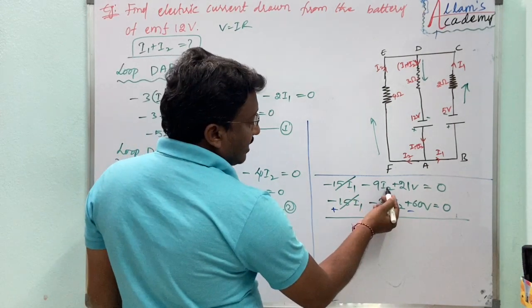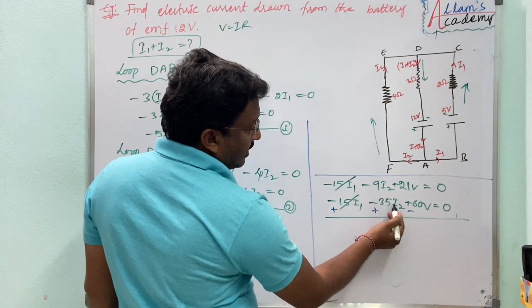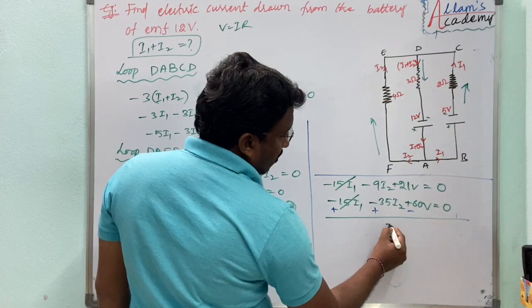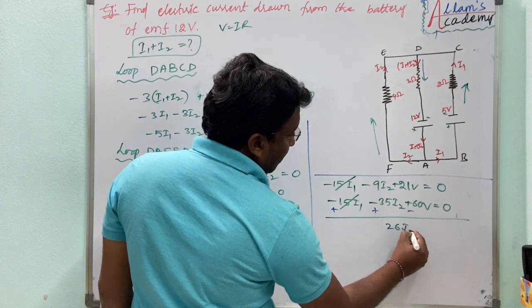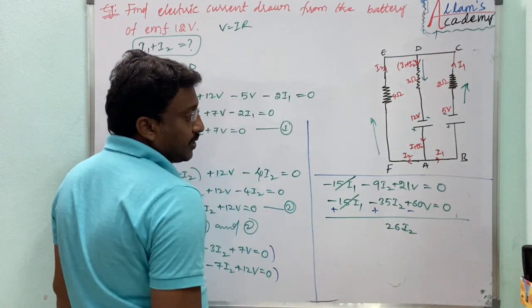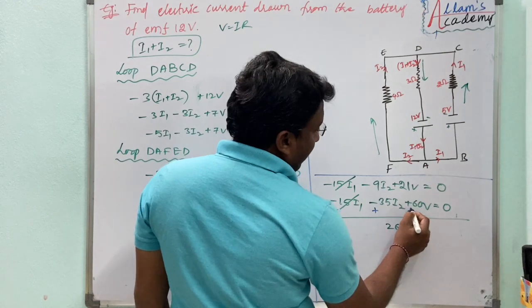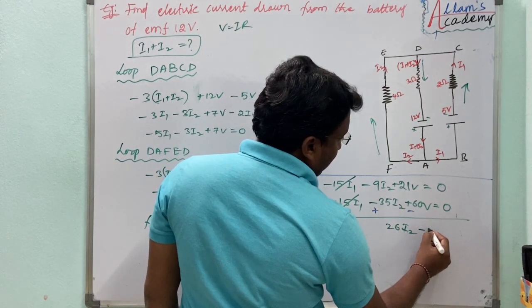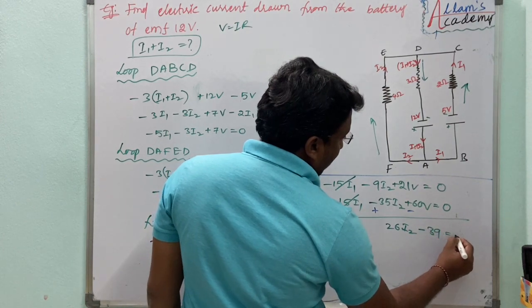Now minus 9 I2 plus 35 I2 becomes 26 I2, and plus 21 minus 60 becomes minus 39 equal to 0.